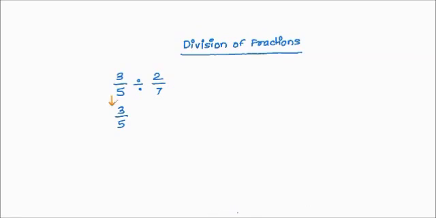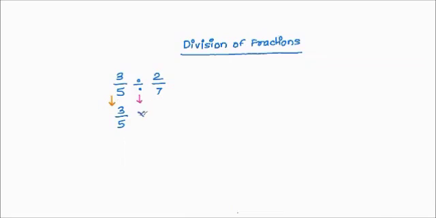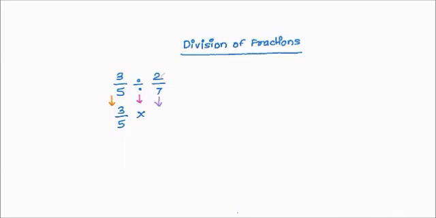Then we change the division sign to a multiplication sign. And the last step is we change the divisor to its reciprocal. So what is the reciprocal of 2 upon 7? We have to interchange the positions.